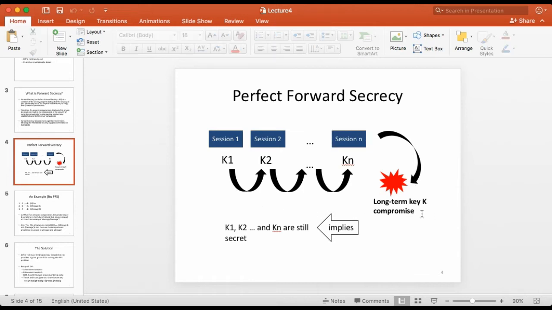Now, if that becomes the case, then the important question is this one: will the secrecy of the past session keys K1, K2, all the way until Kn, all the way until the point at which the compromise took place, still be upheld?